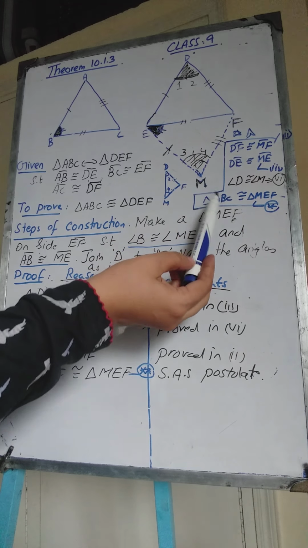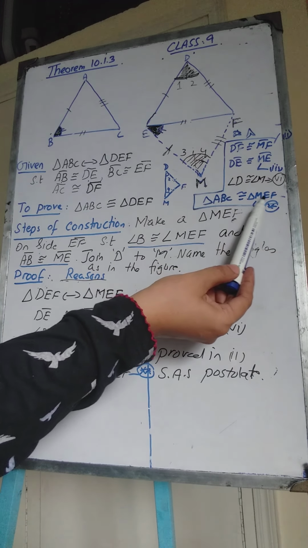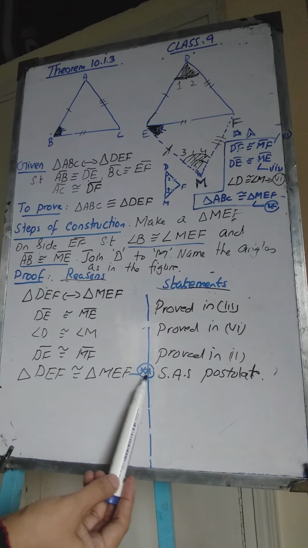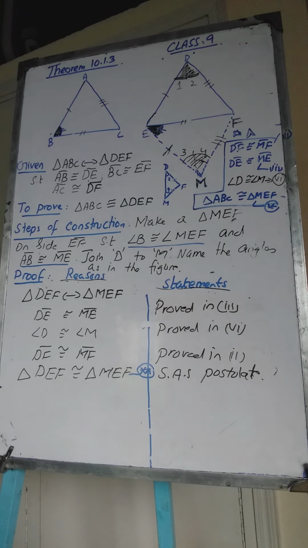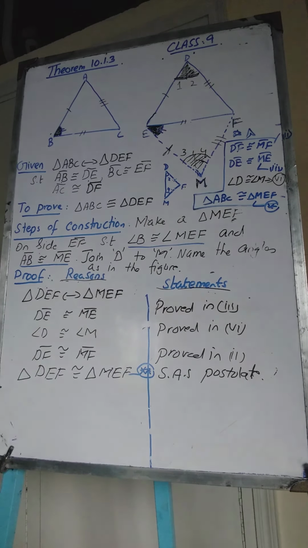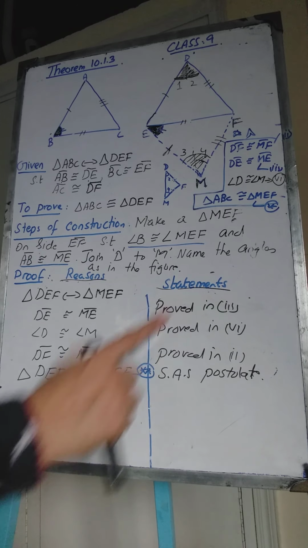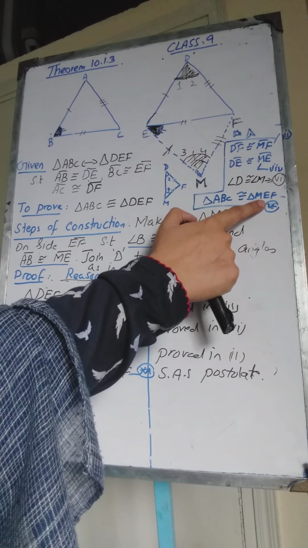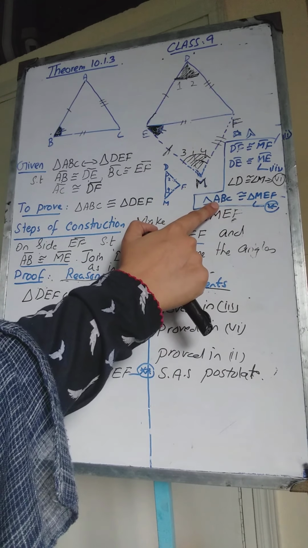The first step that we did was triangle ABC congruent to triangle MEF. This will be equation single star. This will be equation double star. Now, if we compare the first equation and this equation, look, triangle DEF is congruent to MEF. Also here in the first step, triangle ABC was also congruent to MEF.